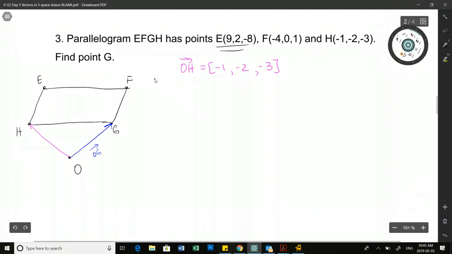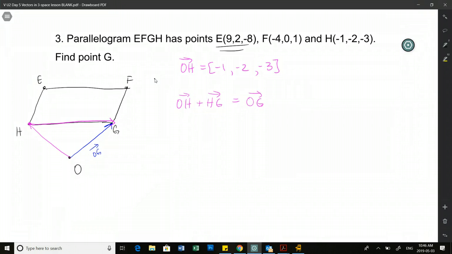And the component that I would need to add to OH in order to get OG, tip to tail, is HG, right? I'd have to go from H to G. So do you guys agree if I say that OH plus HG is equal to OG? We cut out this middle part right here. Does that make sense? Okay.